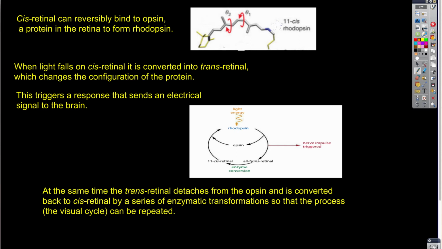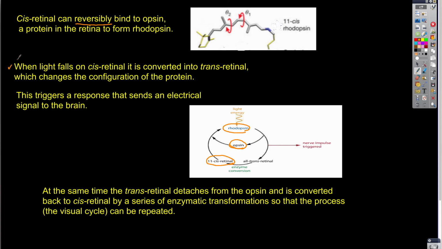So to look at it, a few things to remember. What happens first is the opsin, the protein in the rods in the back of the retina, and the cis retinal, your vitamin A, are going to attach to each other, but it's a reversible bind, meaning it can go back. It forms rhodopsin.